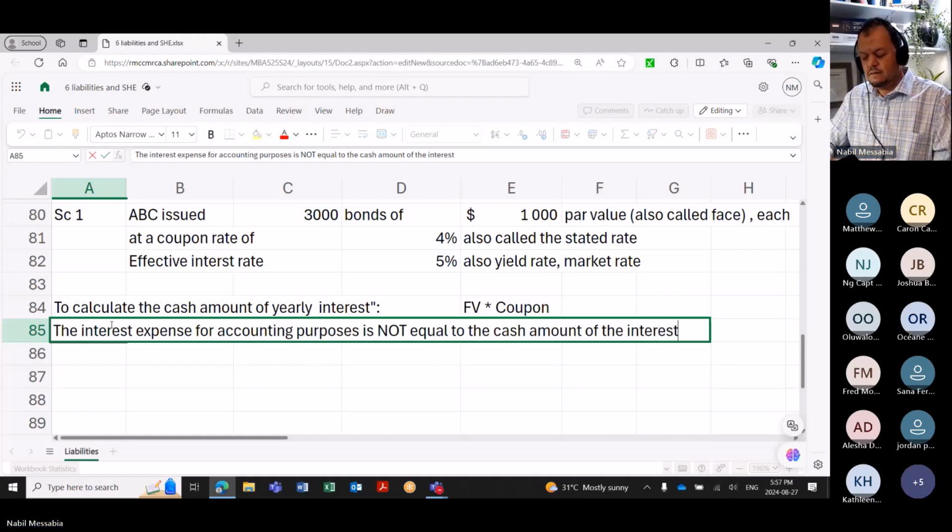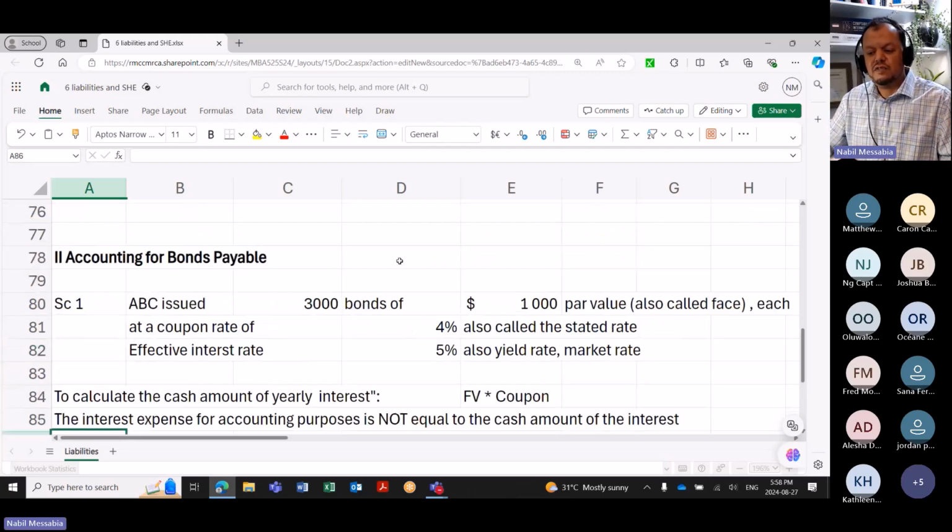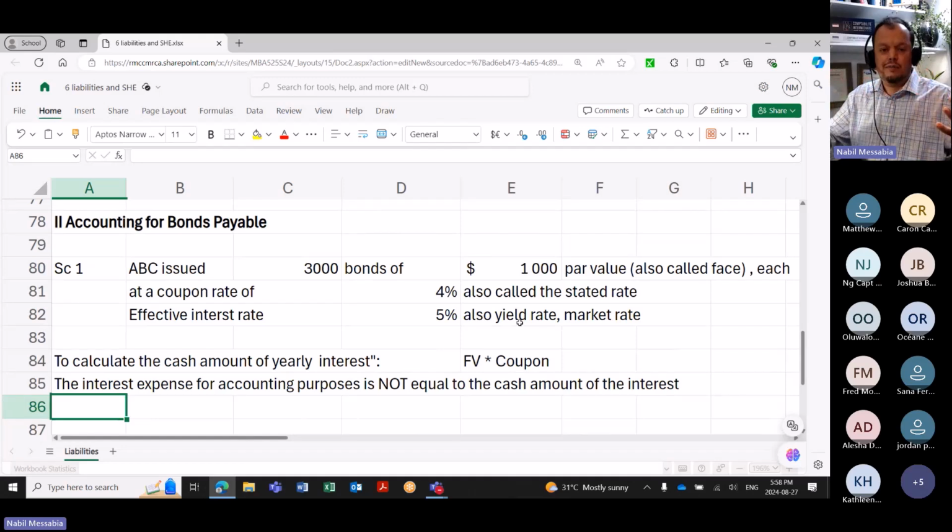Here we rely on an accounting principle called substance over form. It means the $1,000 times 4% is the form, what is on the paper, on the documentation, not in reality.